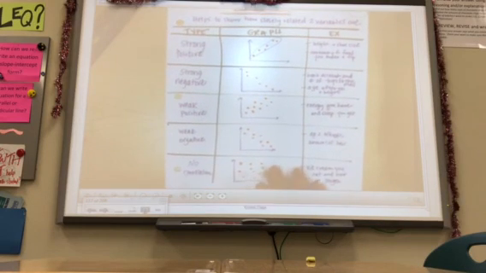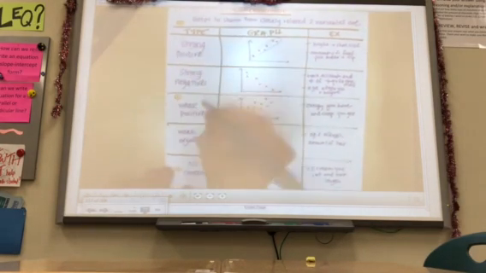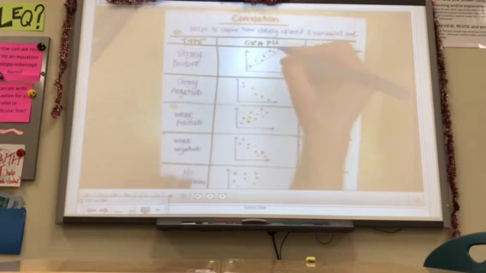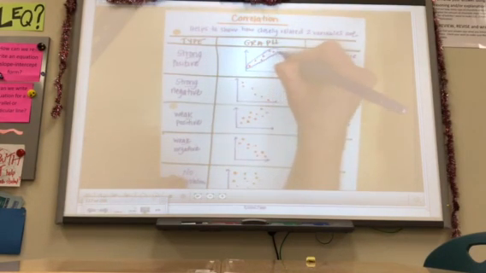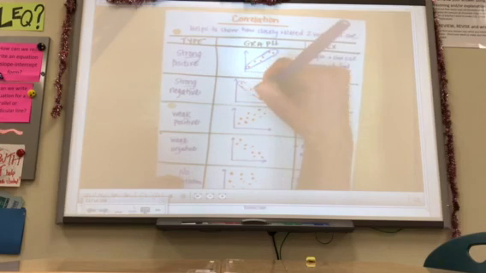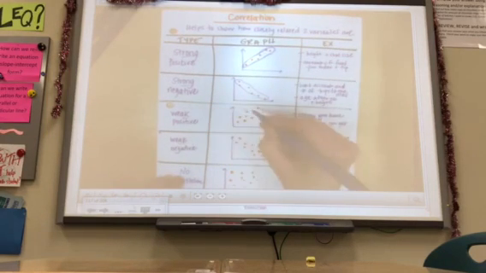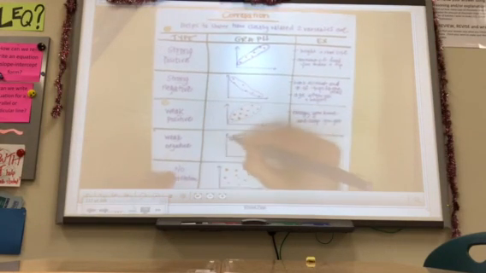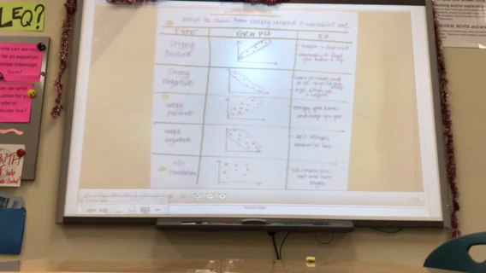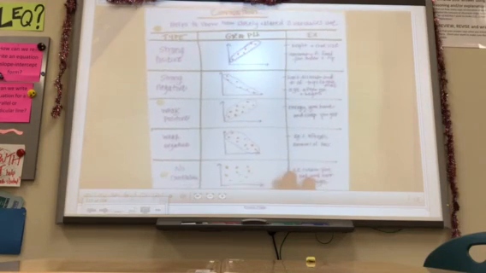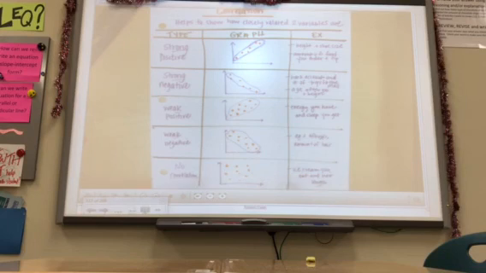And I always think about for strong and for weak: the strong makes a skinny cloud, and then the weak makes a wide cloud. So that might help you as well. All right, so that is correlation, and it just basically shows you how closely related 2 variables are.